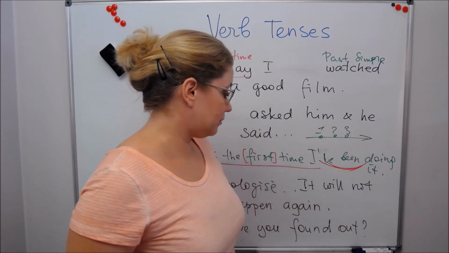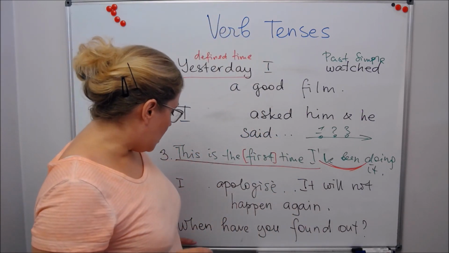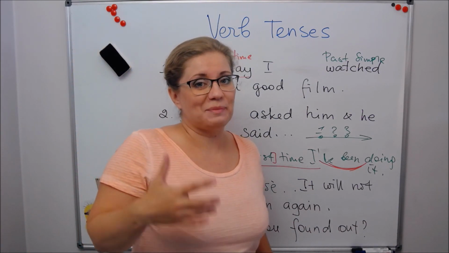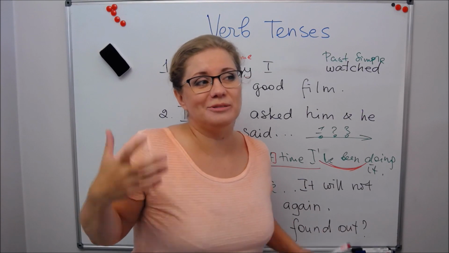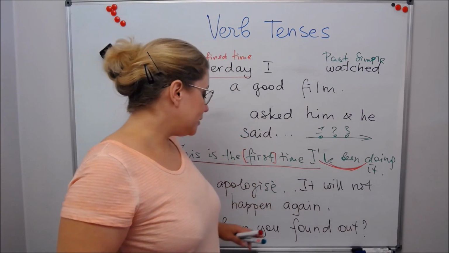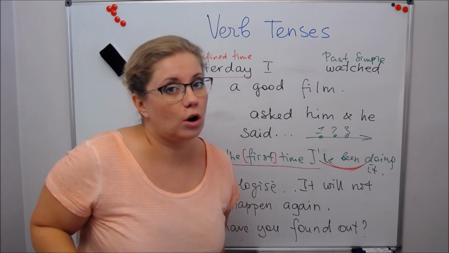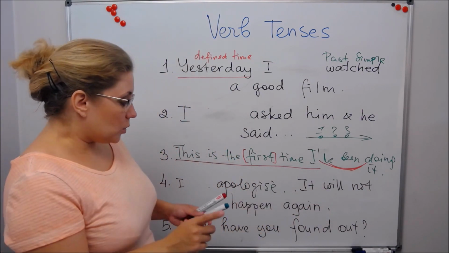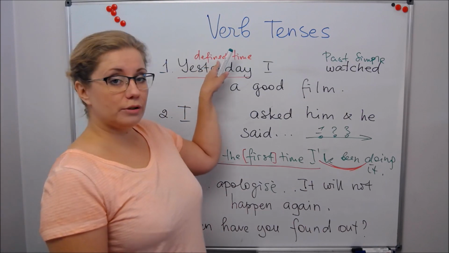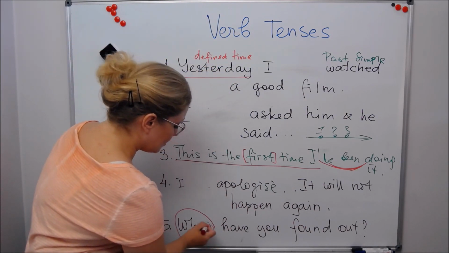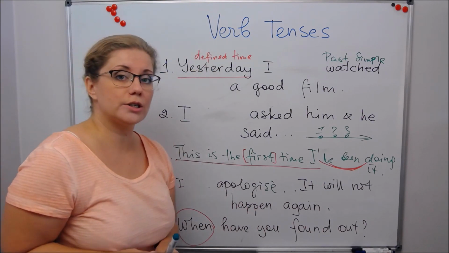And the last one for today's video, again, we will come back to this difference between present perfect and past simple, because people often make mistakes there, right? When you say, when have you found out? It's wrong. Again, because, as I told you in the first sentence, when is asking about the defined time.